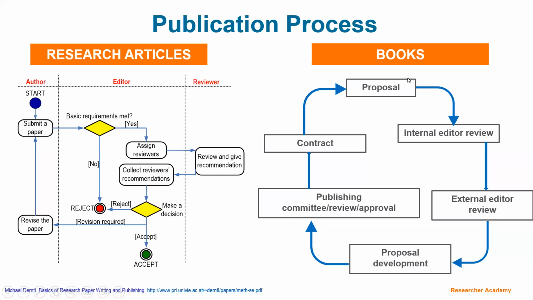The other process is for books. If you would like to publish books or book chapters, it's another procedure. It looks different from the research article publication, because for a book or book chapters, you have to submit a proposal.